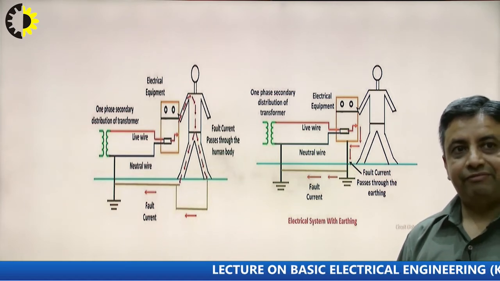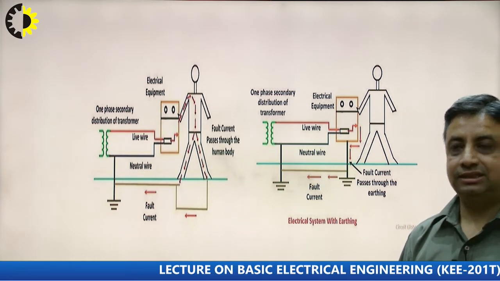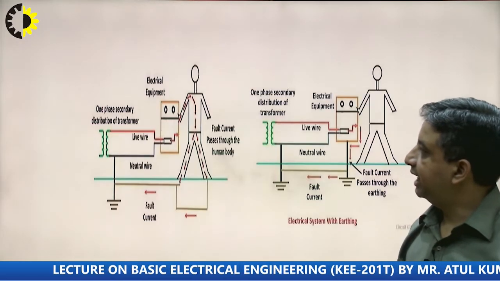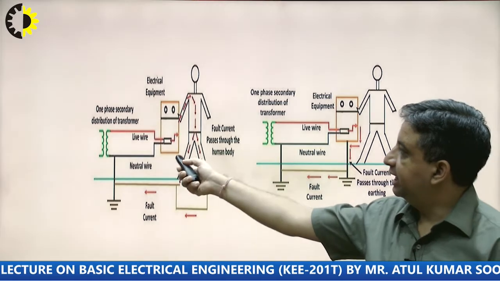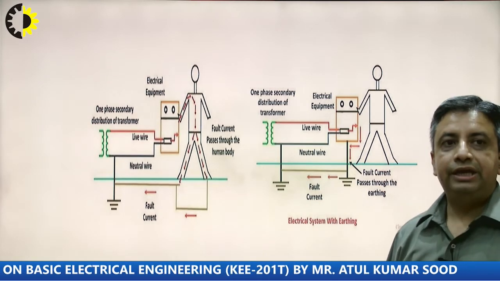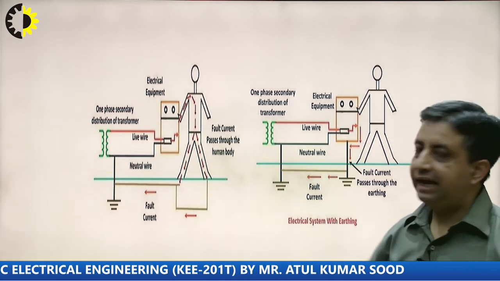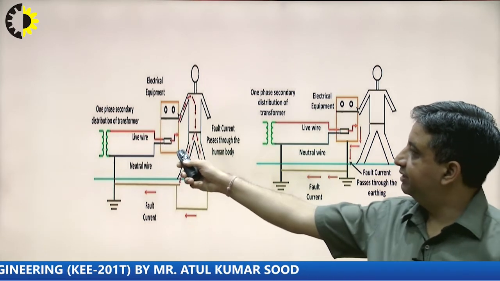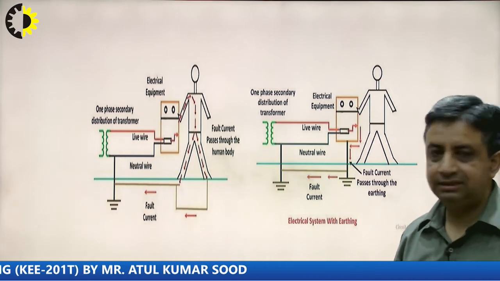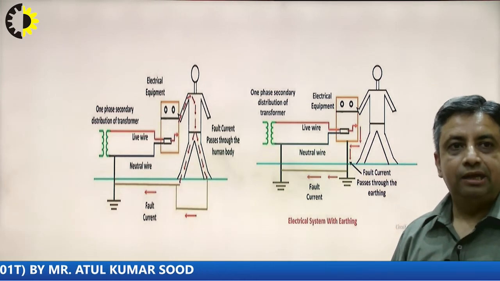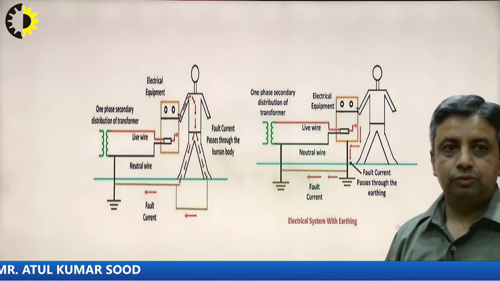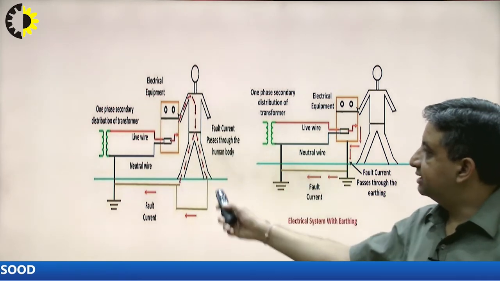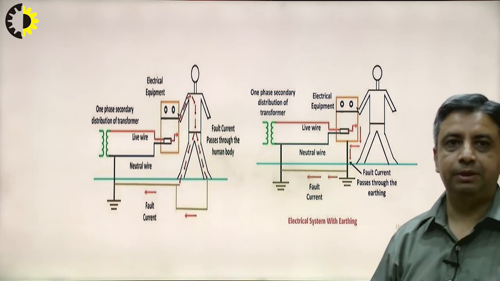So, if under any faulty condition this live wire comes in contact with this electrical equipment, it will store some charge, and any operator, when he or she comes in contact with this electrical appliance, might get a shock. So, it can be life threatening also. As you can see here, the current is directly passing through the human body.